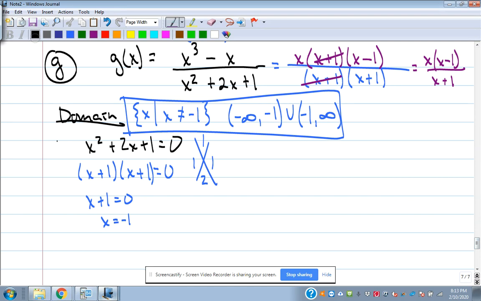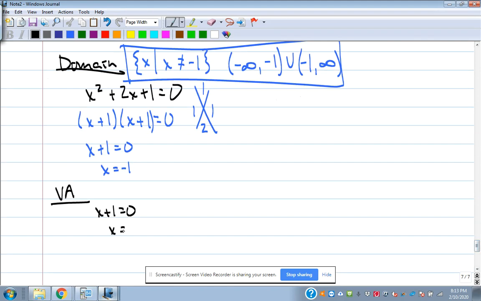So that means our vertical asymptotes, do we still have one? Yeah, we still got some stuff in the denominator, right? So that denominator, x plus 1 equals 0. We still happen to have a vertical asymptote at x equals -1.